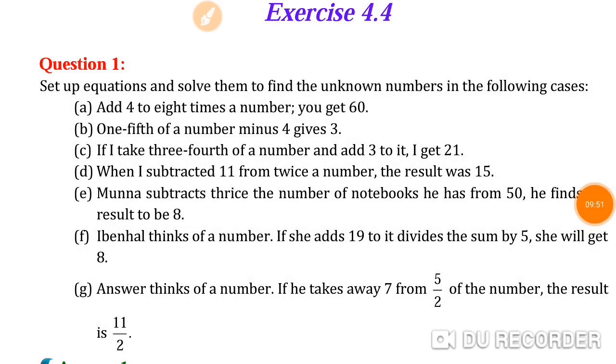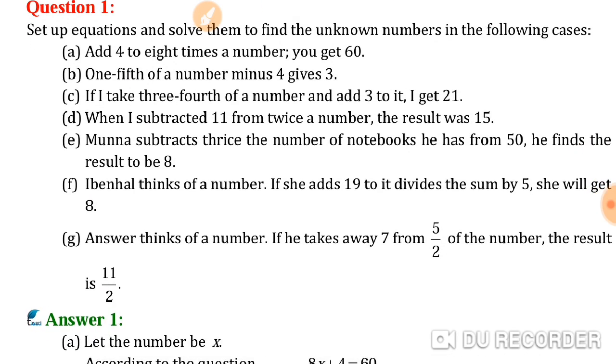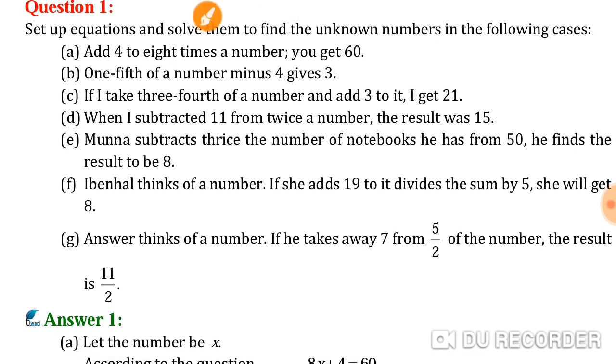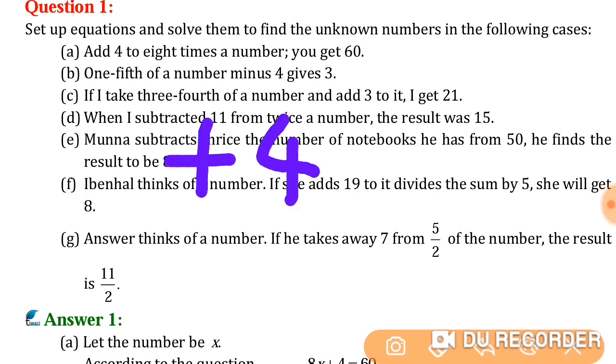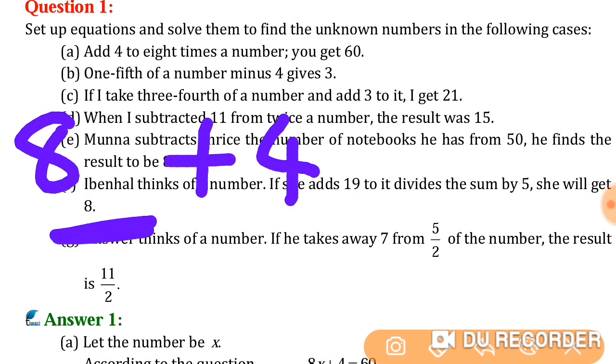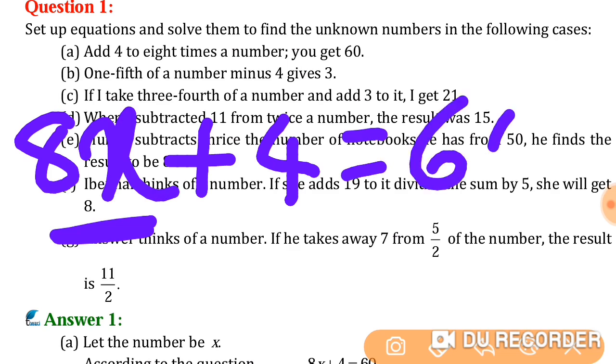So here I'll go through the first statement. See how you have to create it: just read word by word. Add 4 to 8 times a number. A number means which number I don't know, so I may take that number as x. You get 60. So this is your equation.